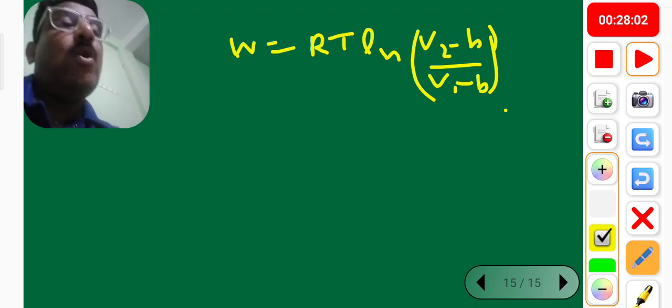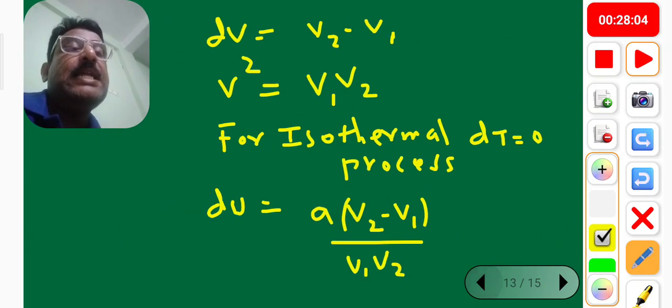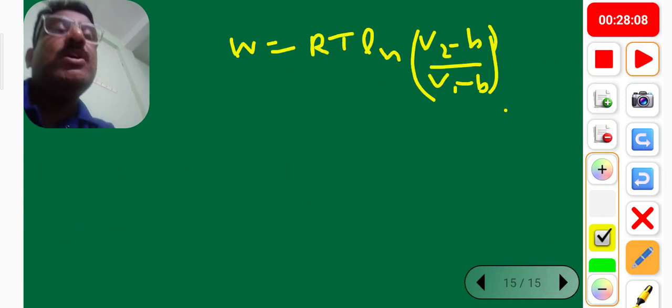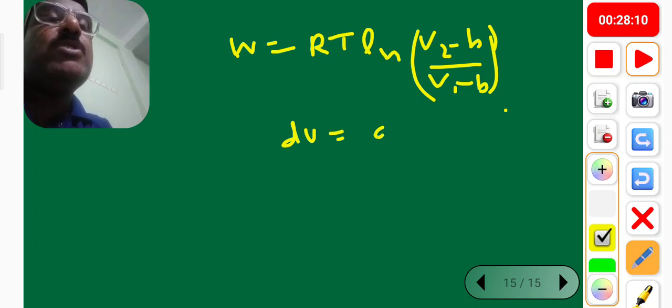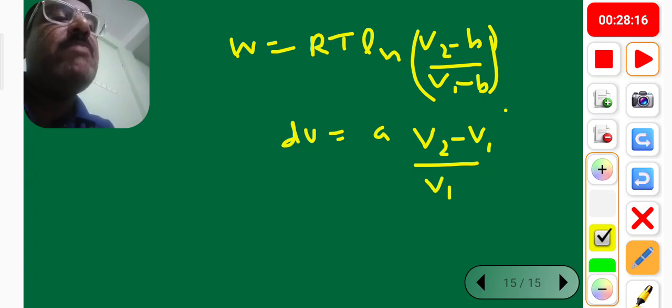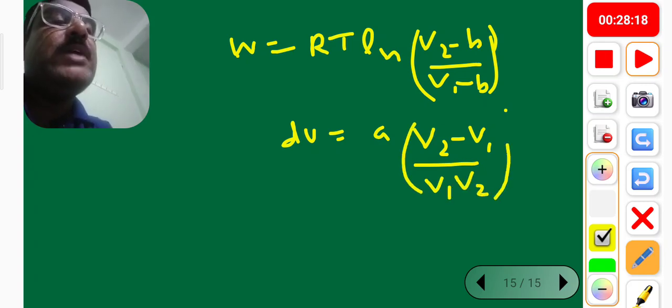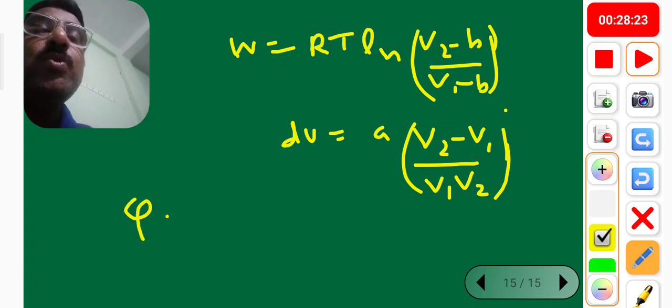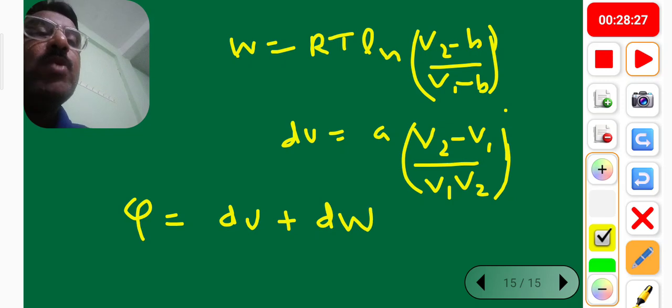And already we have seen the internal energy. What is the internal energy? A into V2 minus V1 divided by V1 V2. So we have the internal energy change and we have the work done. What is Q? Q is equal to internal energy change plus the work done.